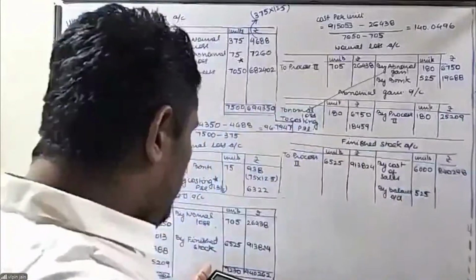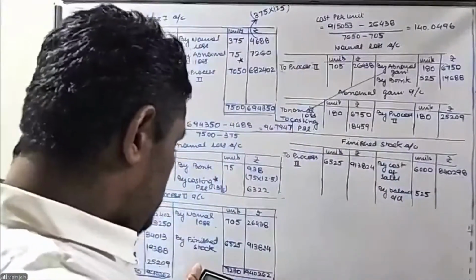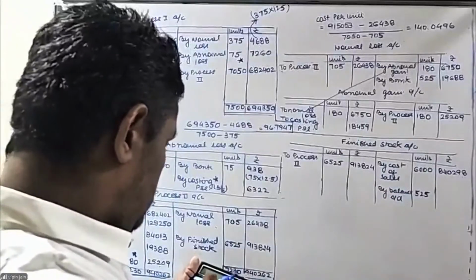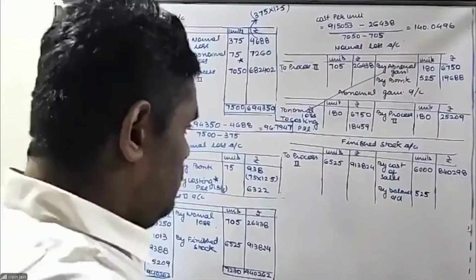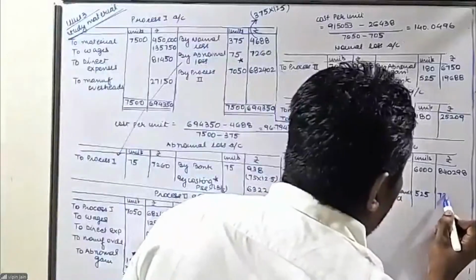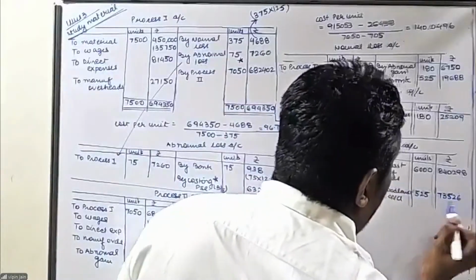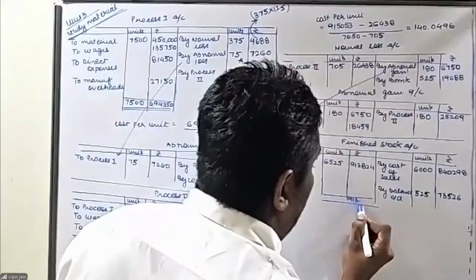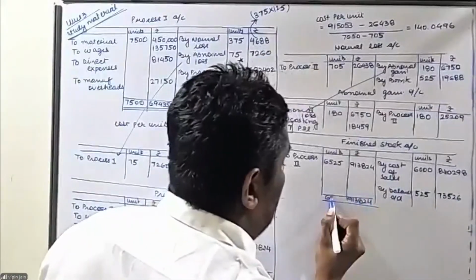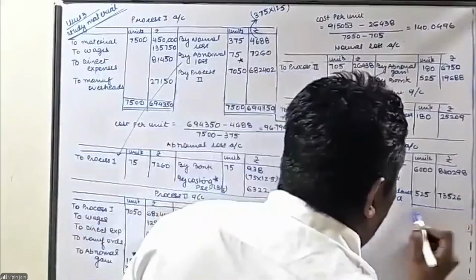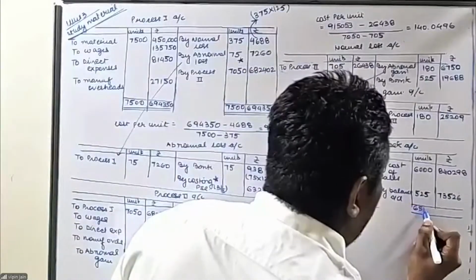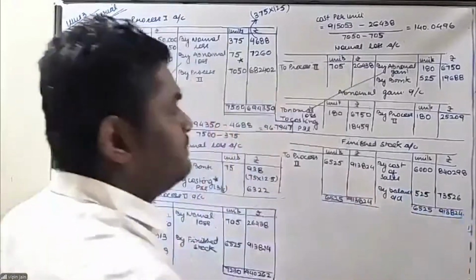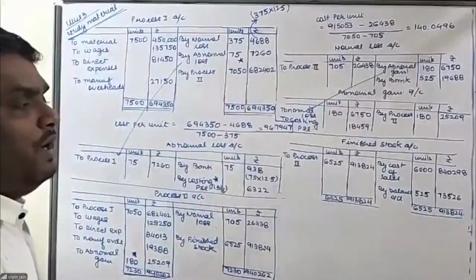So this will be 840298. So this is all about the finished stock account.